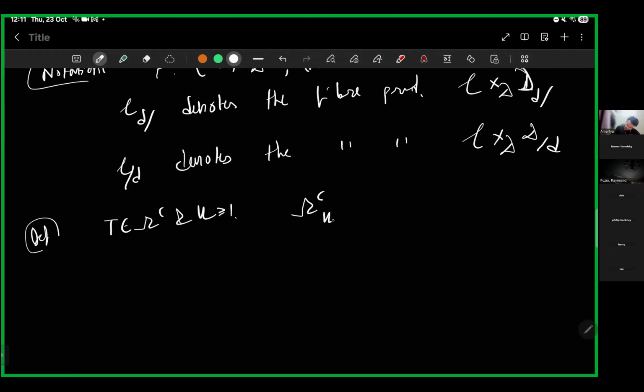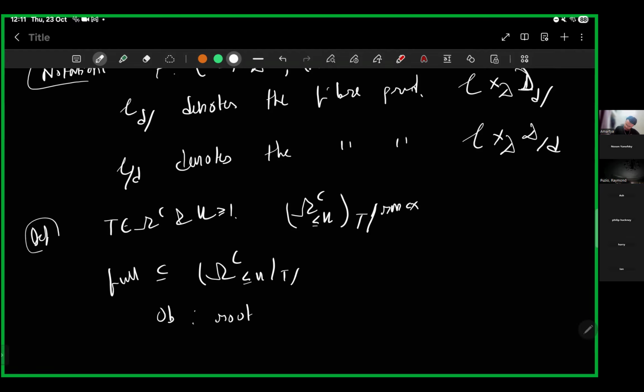Then I'm going to define this, the full subcategory whose objects are rooted, max surjective morphisms from T to closed k-dendroidal strings.